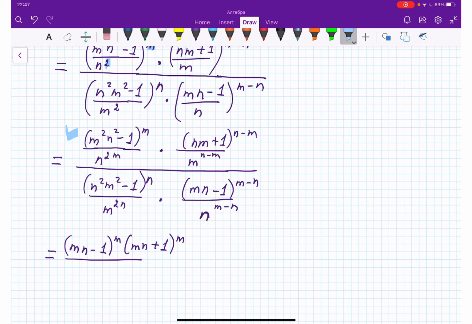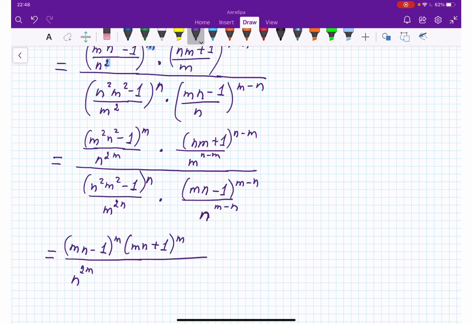This one I broke down into this case. Since I'm going to divide the first fraction by this fraction at the same time, this n^(2m) comes here.